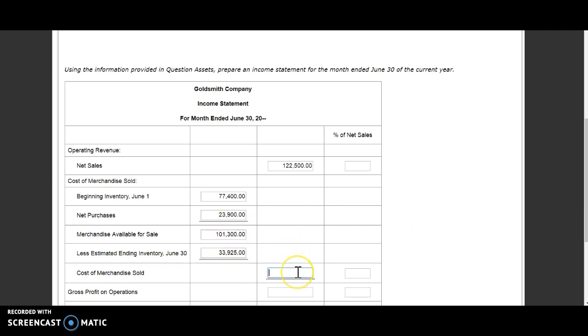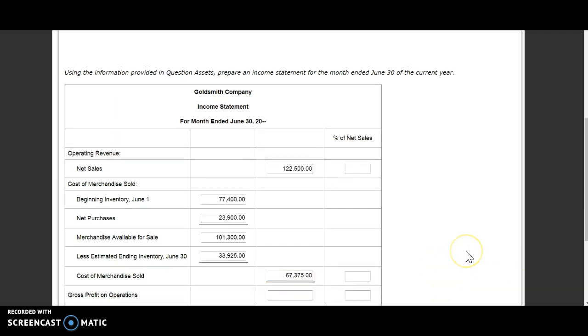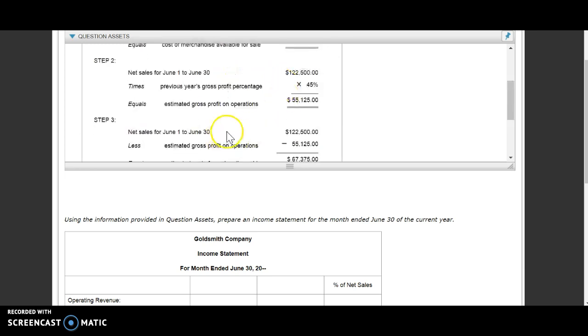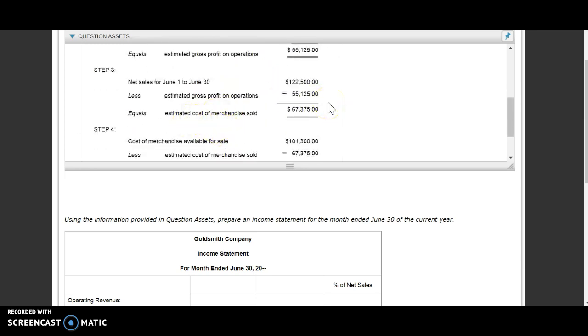We're going to subtract those two numbers. Okay, that gives us our cost of merchandise sold, which would be 67,375. That number also comes from up here, so we can double check to make sure that we're right. In step three, we figured that one out.